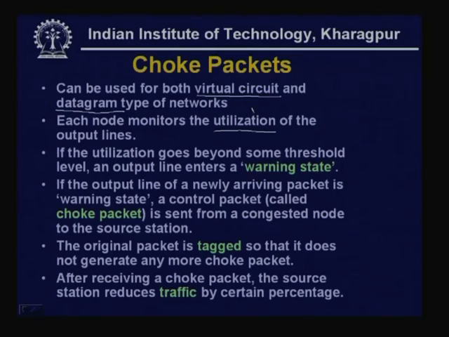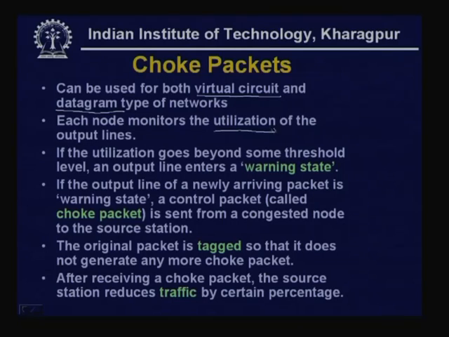As we have already mentioned, as a thumb rule, whenever the utilization increases beyond say 80%, we may consider that the network is congested. So, whenever the utilization increases beyond some threshold level, the output line enters a warning state.